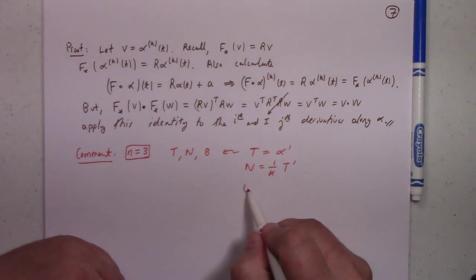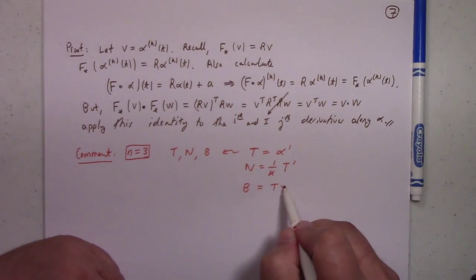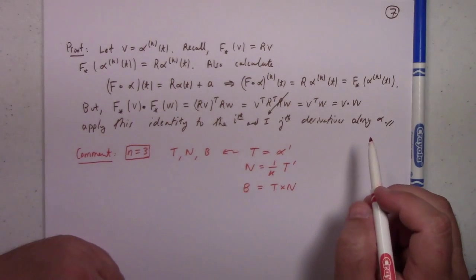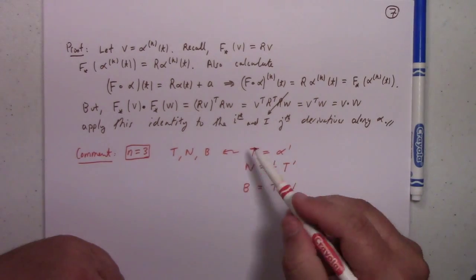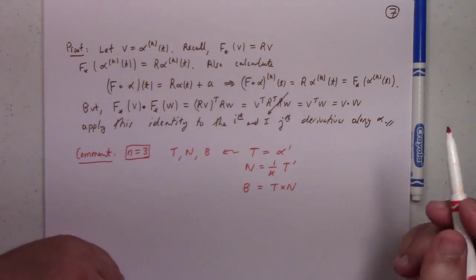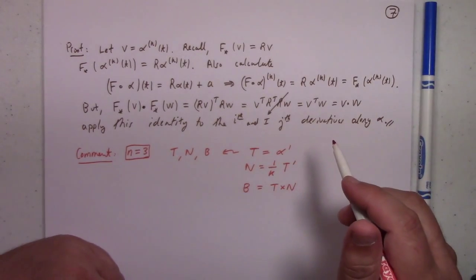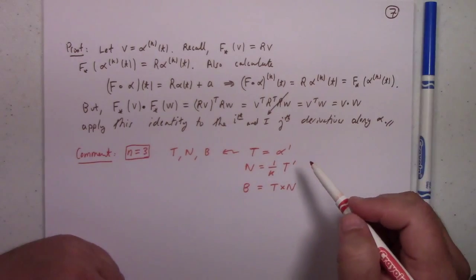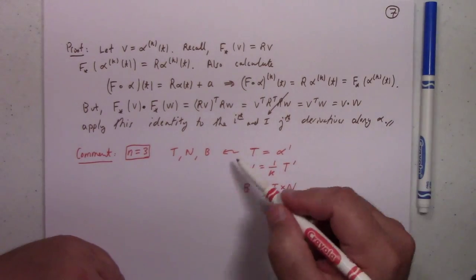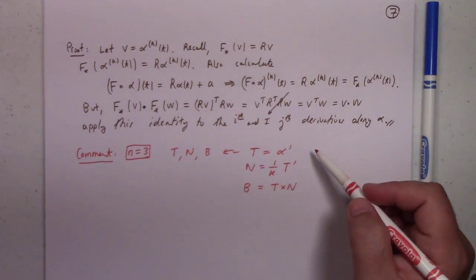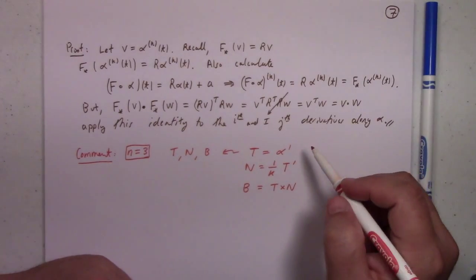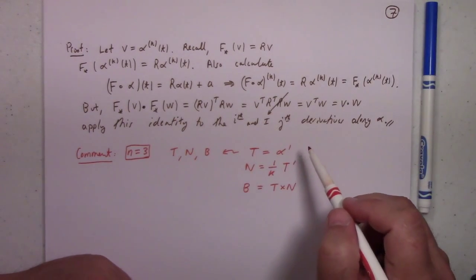And then you had the binormal, which was the cross product of these. But you remember there's also a formula for the binormal in terms of the third derivative, I think. It slips my mind at the moment. But the point is, these are all governed by the velocity and acceleration, basically, of the curve, right?